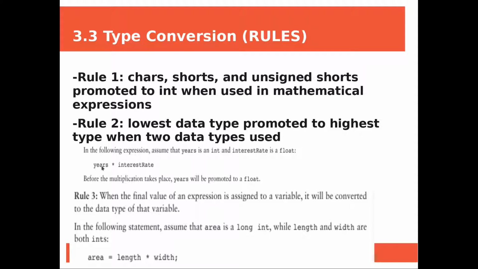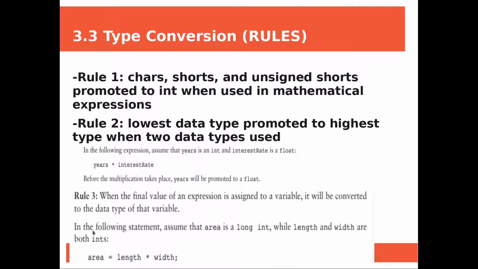Even if it doesn't have any actual information in the decimal places, like 3.0000 years, it's just 3 years, but it's going to be converted to float. It's going to include decimal points before it gets multiplied. This means that you always have promotions in this case.